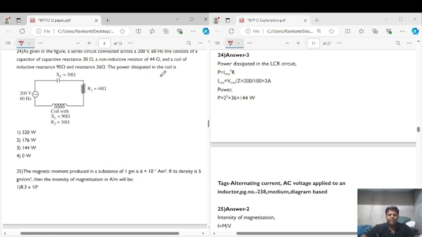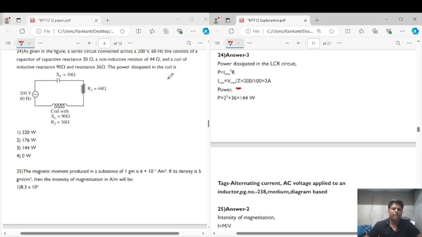The power dissipated in the coil is... So power dissipated in an AC LCR circuit is given as P equals I RMS square into R, and I RMS equals V RMS upon Z, where Z is the impedance of the circuit.